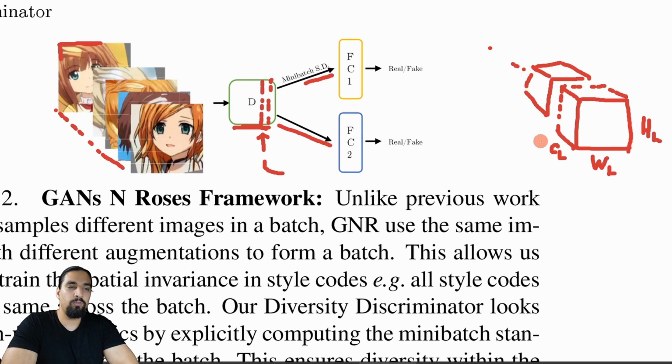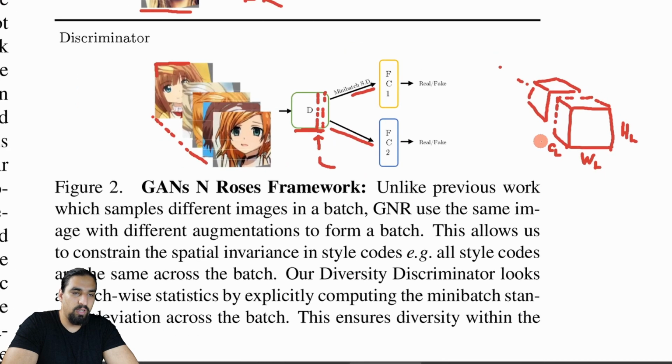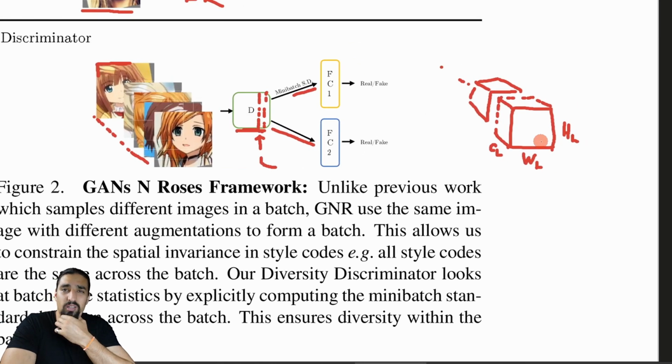The part that confuses me is that they haven't really explained how they are calculating these standard deviation statistics. What I assume is they take a certain feature, like maybe this feature, let's call it Aij, and they compute the standard deviation across the channels and across the mini-batch as well.